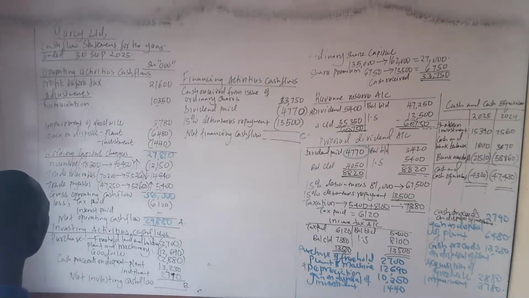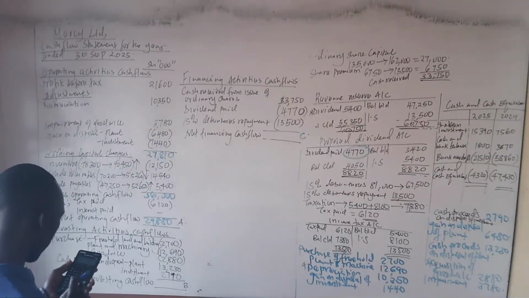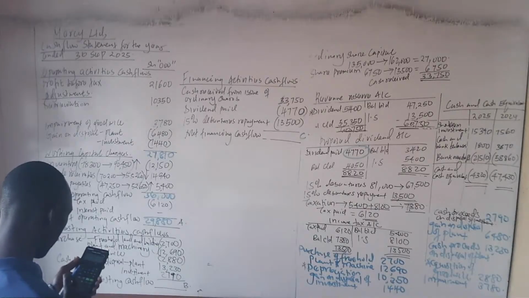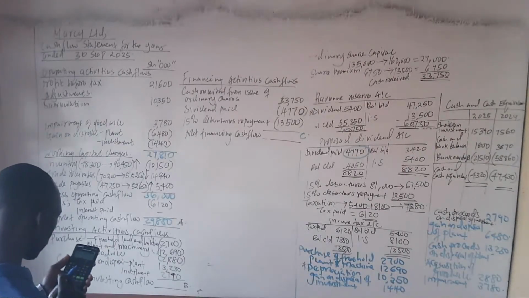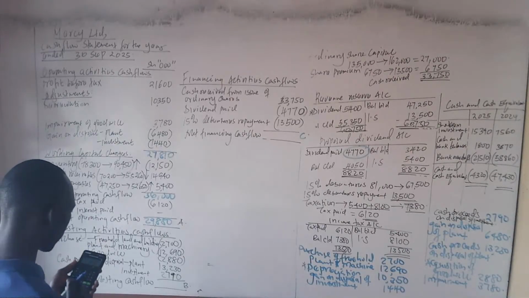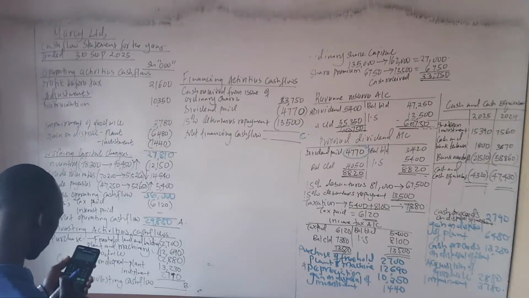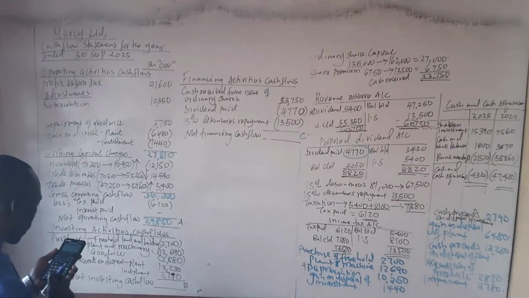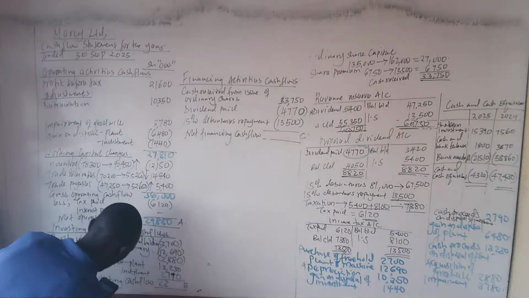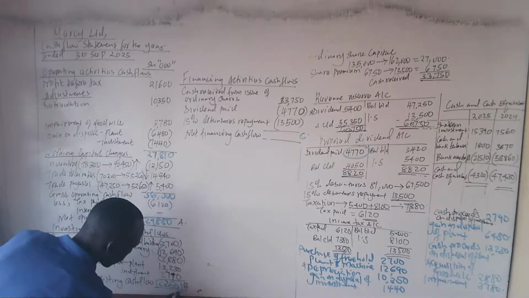Then we go to the next one. We have an amount of minus 2,700, minus 12,690, then minus 2880, then plus 13,230, then plus 2,790. We have an amount of 2,250, which is a negative.